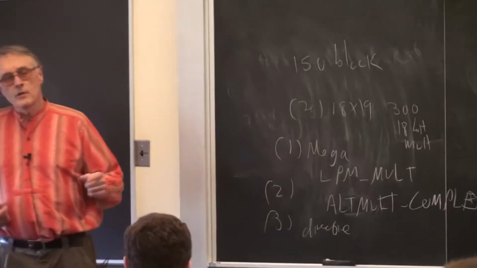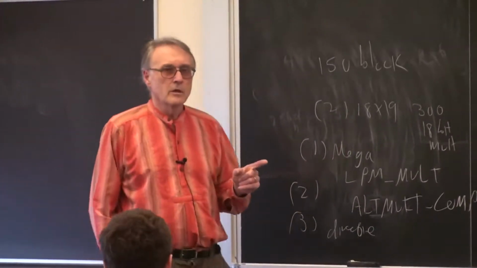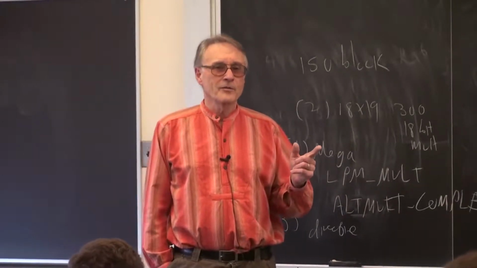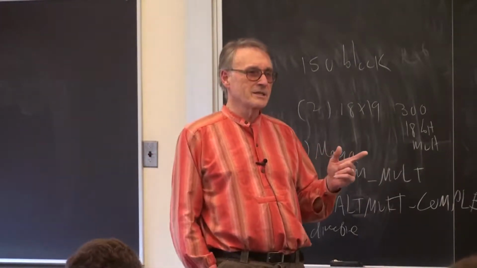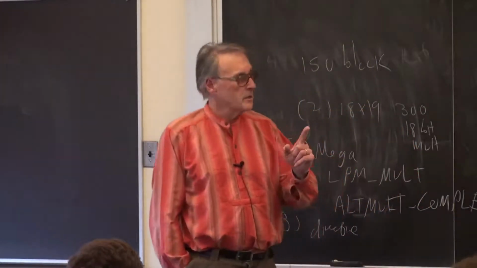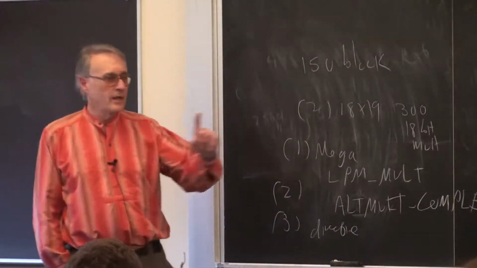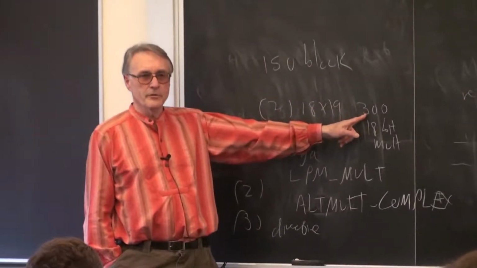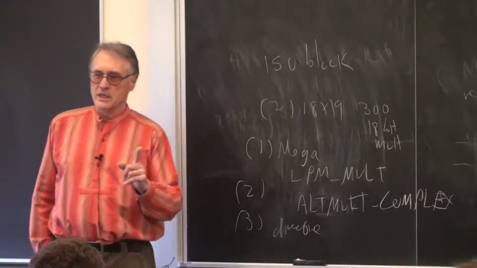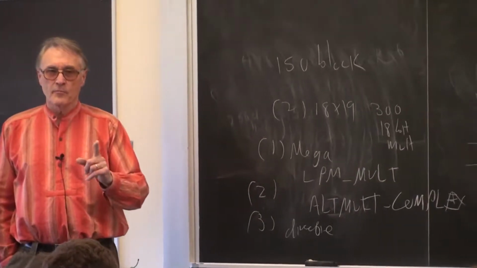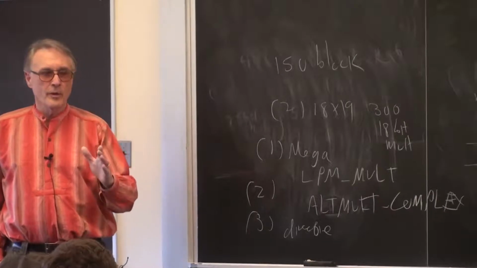I lowered the number of required nodes. I made the lab easier. I lowered it from 20 by 20 to 16 by 16 for one reason. And that is that with the number of 18 by 18 multipliers being 300, a 16 by 16 fits on the chip with trivial parallelization.